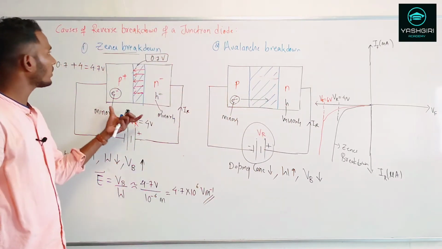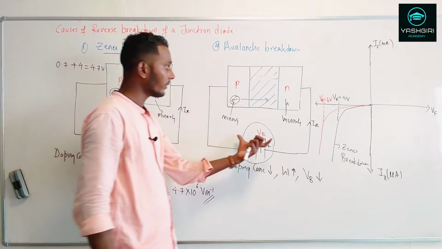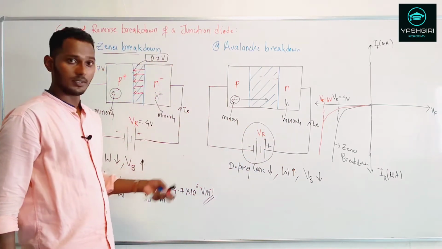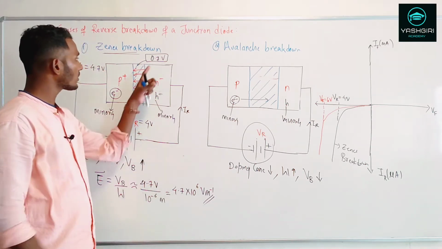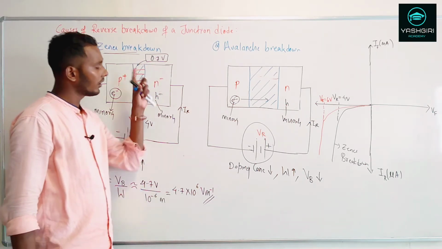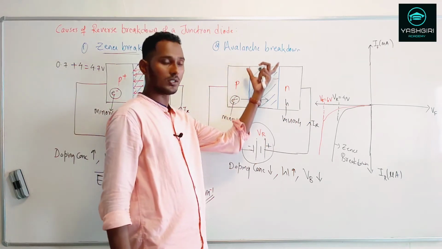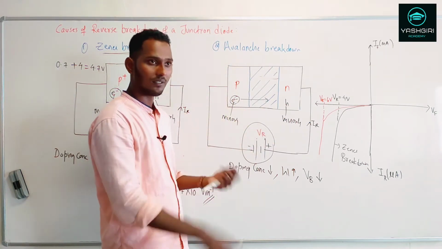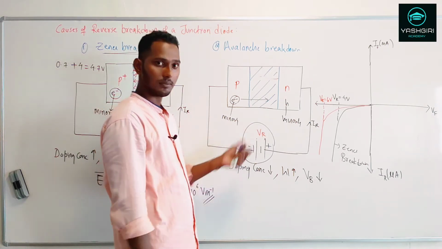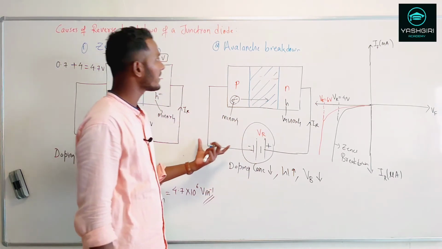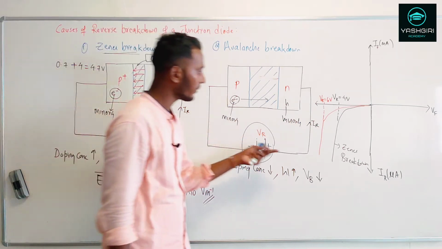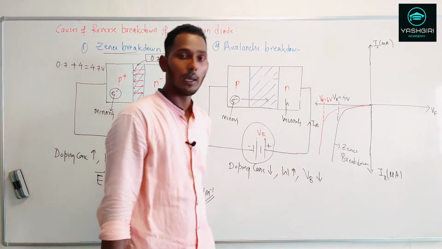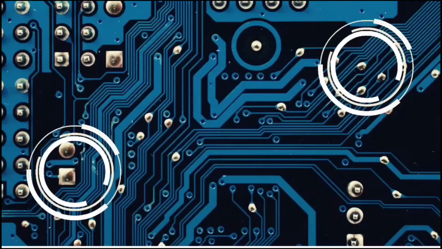Now if you compare Zener breakdown and avalanche breakdown, they differ by the mechanism of occurrence. Zener breakdown occurs due to the electric field created, whereas avalanche breakdown occurs with the heat energy gained by the electron and then the collision of the electrons with other atoms. So this is the basic difference between Zener and avalanche breakdown in reverse bias when you reverse bias the PN junction diode.